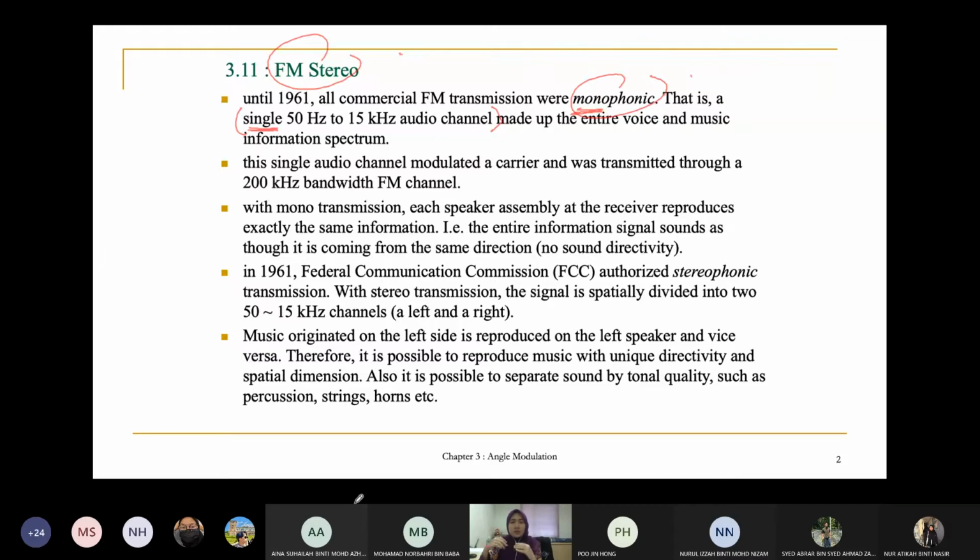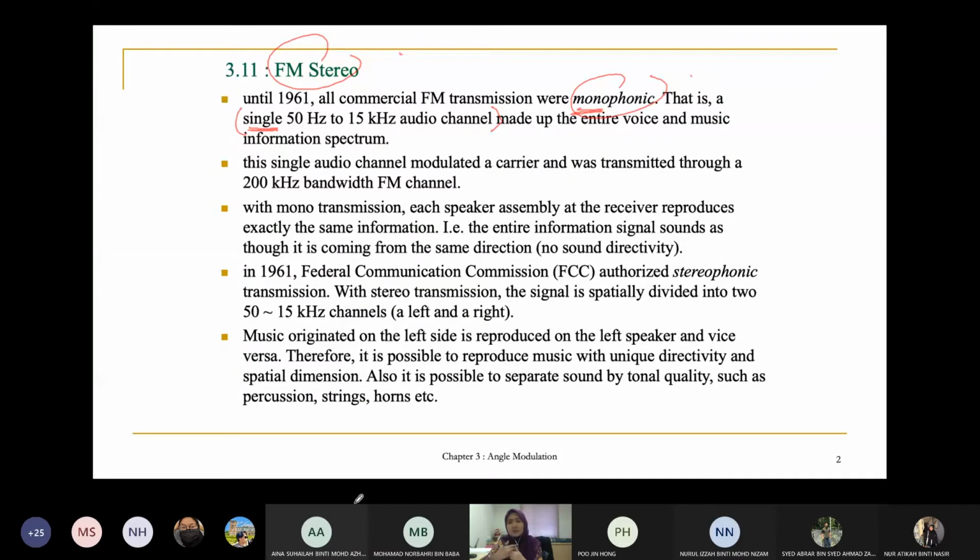So the entire information signal sounds as though it's coming from the same direction. The sound from the left speaker and the right speaker is exactly the same. There is no directivity.